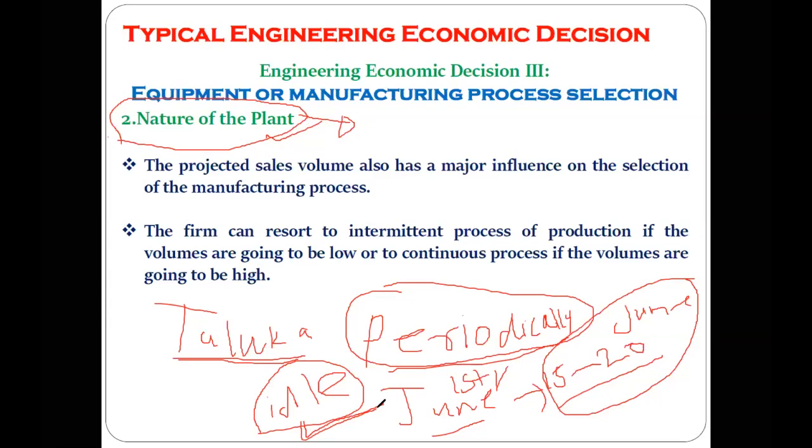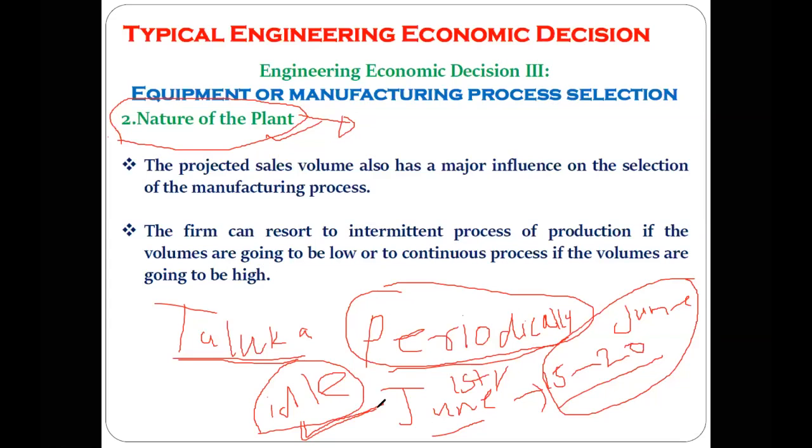If the machinery is not in use for many days, what happens? The maintenance increases. Because if the machinery is in the working mode continuously, it stays in running condition.